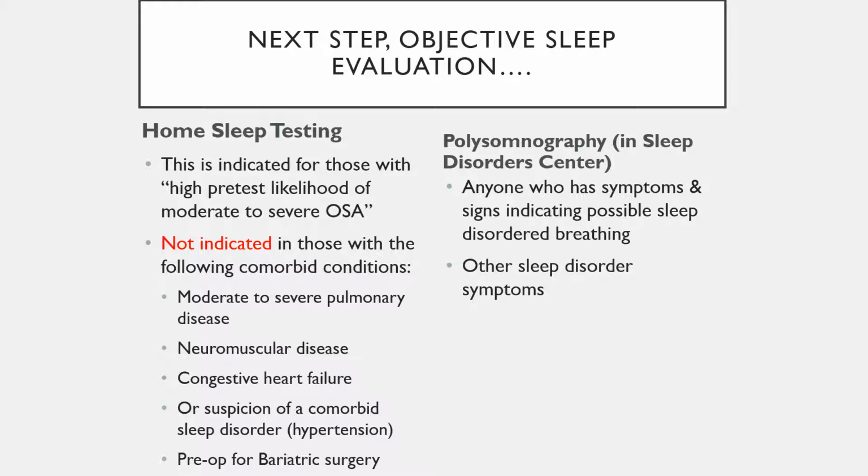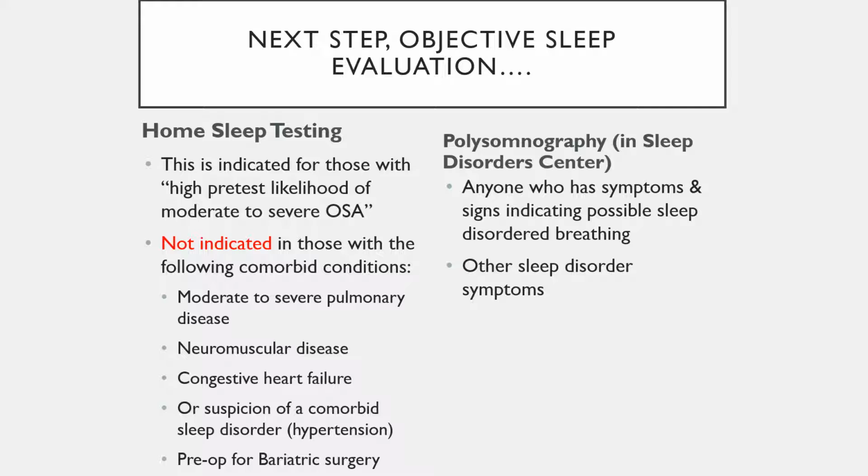None of those are indicated for home sleep testing. If the patient has congestive heart failure, it is not indicated to do home sleep testing. If they have suspicion of a comorbid sleep disorder. For example, if they suspect the patient has hypertension, they would not be indicated to do home sleep testing. And also, if the patient is doing a pre-op evaluation for bariatric surgery, they cannot do home sleep testing.